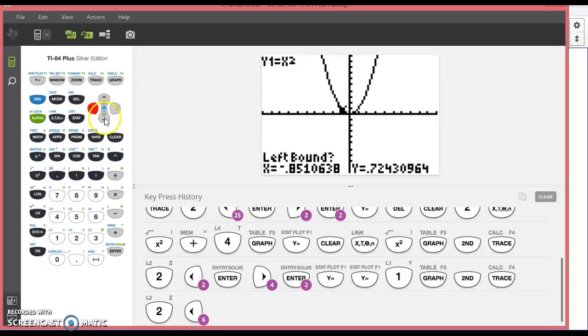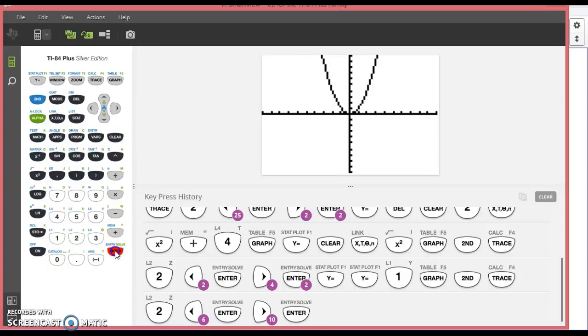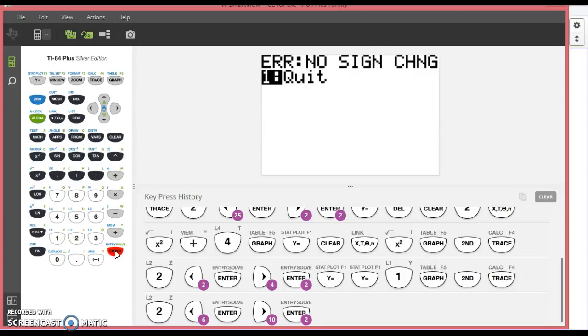I'm going to make sure I'm to the left. Enter. I'm going to scroll over. I'm going to go a little higher than I was. Right bound. Enter. Guess. Hit enter. And is it giving me an error again? Do you know why? Because it doesn't go above and below the y-axis.